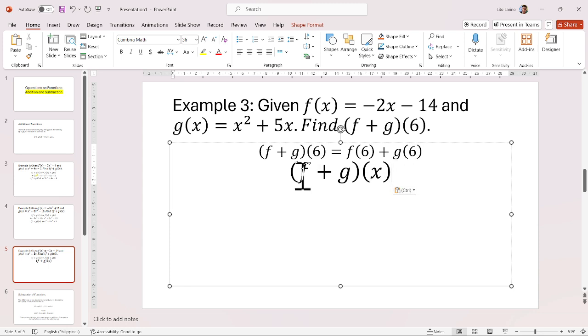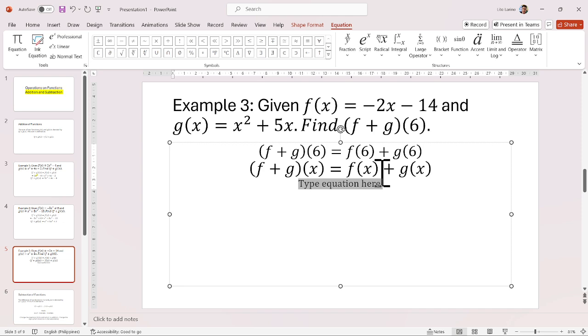That is f plus g of x is equal to, again, f of x plus g of x. Meaning, before we evaluate the function, we will just first add the two functions. And then, the sum will be evaluated at x equals 6. Okay? So, add the two functions.